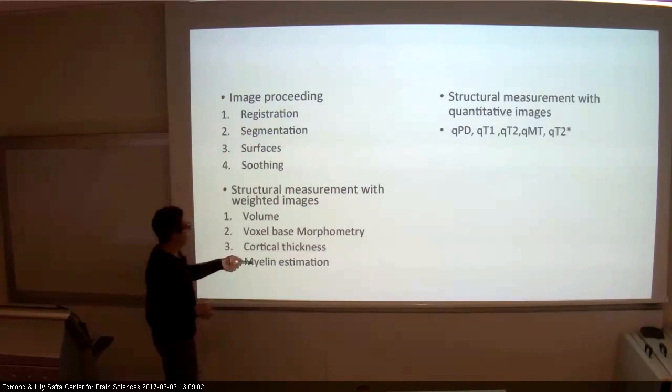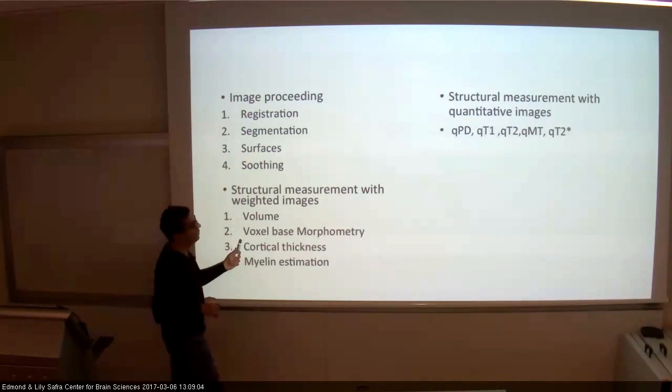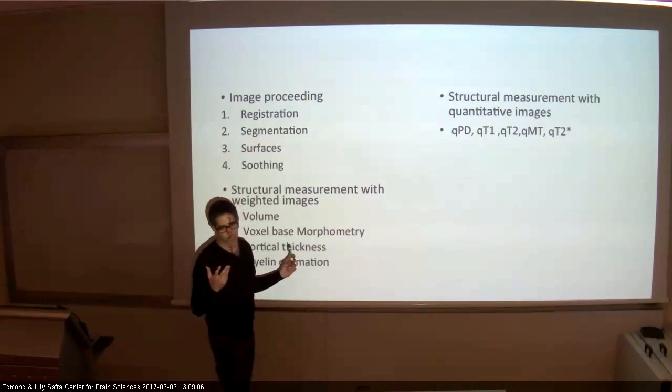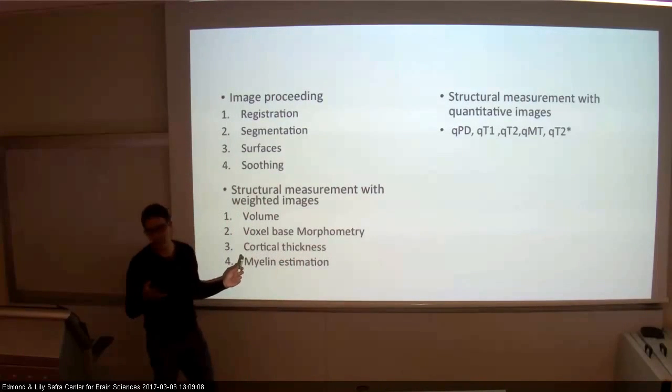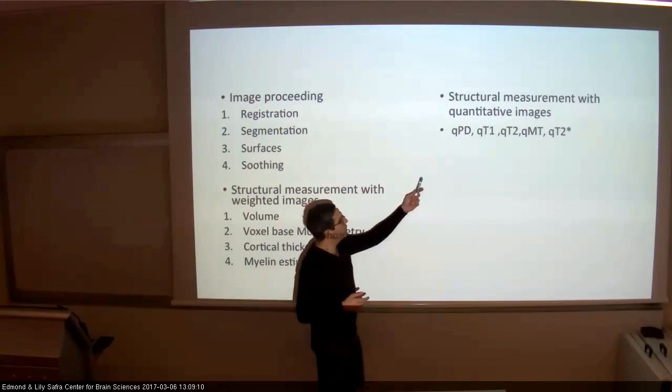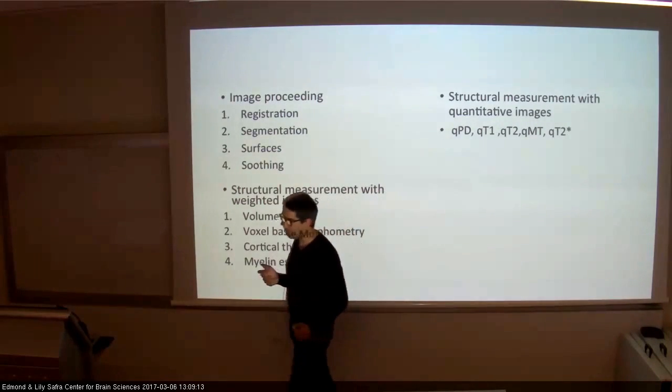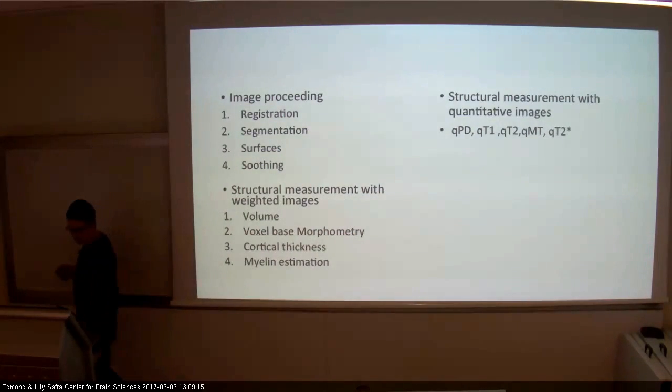Then a little bit of how things are quantified using the non-quantitative images. There are still ways to quantify and compare between individuals. And last, a teeny bit about quantitative imaging. Not everything is going to happen today.